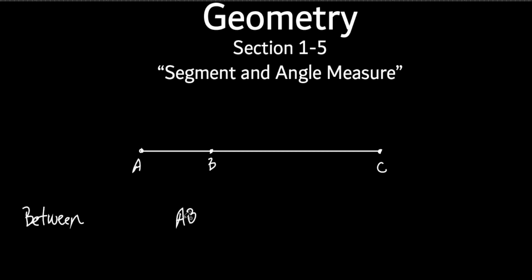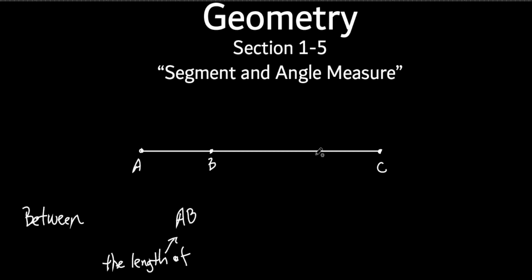What does AB next to each other with no line over top of it mean? It means the length of line segment AB. So when there's no symbol over top of it, now listen carefully, because we're going to run into this a lot. When it just says AB, it means the length of the line segment.